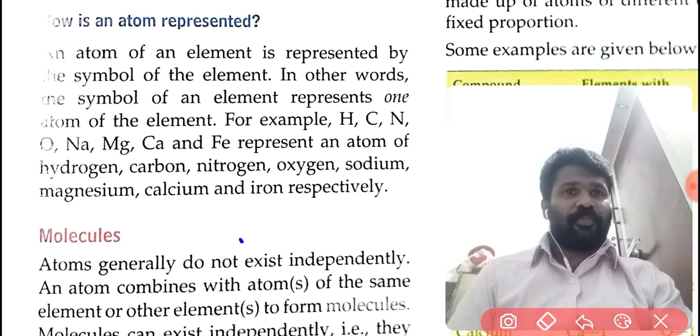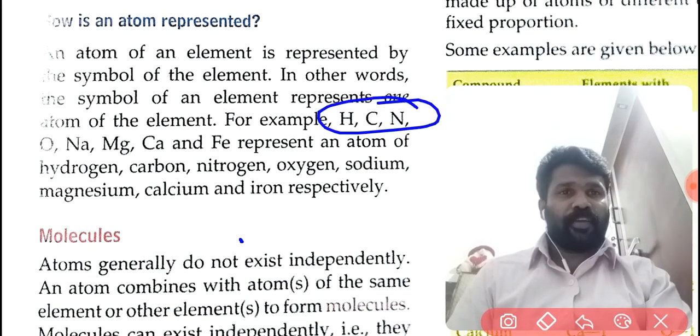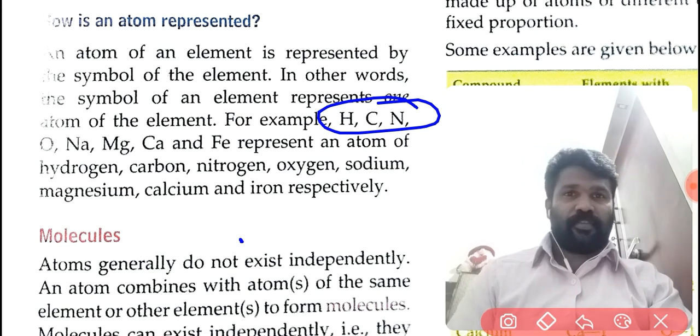For example, H for hydrogen, C for carbon, N for nitrogen, O for oxygen, Na for sodium, Mg for magnesium, Ca for calcium and Fe for ferrum or iron.